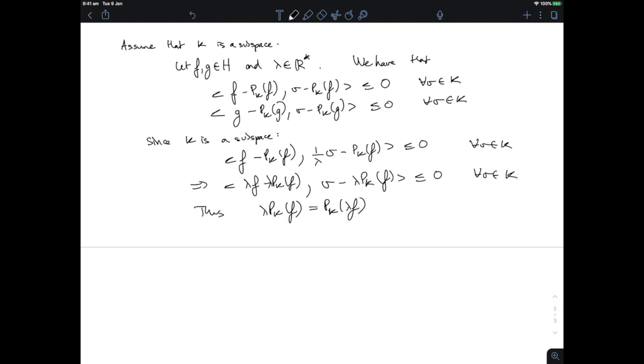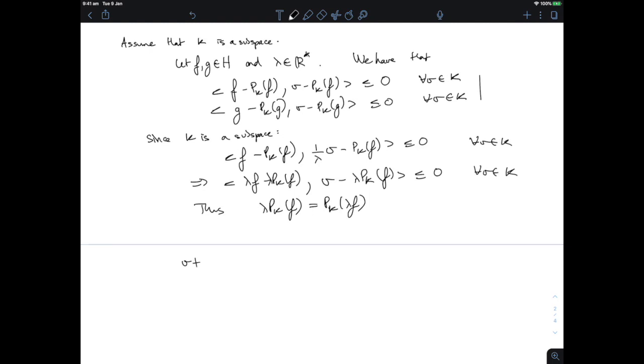Now I also need to prove that P_K of f plus g is P_K f plus P_K g. And in order to do that, I'm going to modify these two statements a little bit using the fact that v plus or minus P_K g is going to be in K for all v in K. That's because, again, K is a subspace.